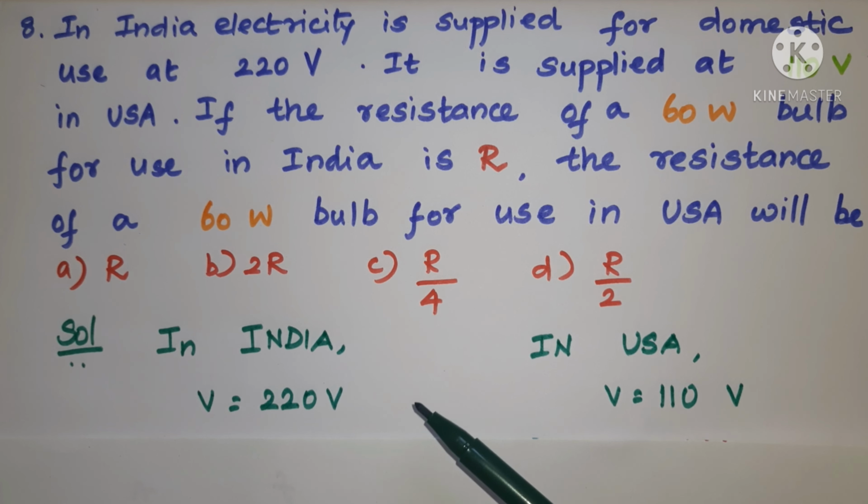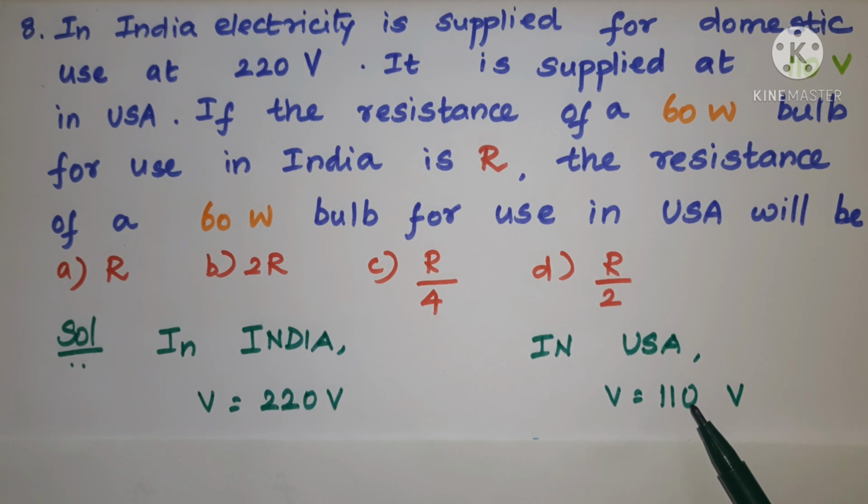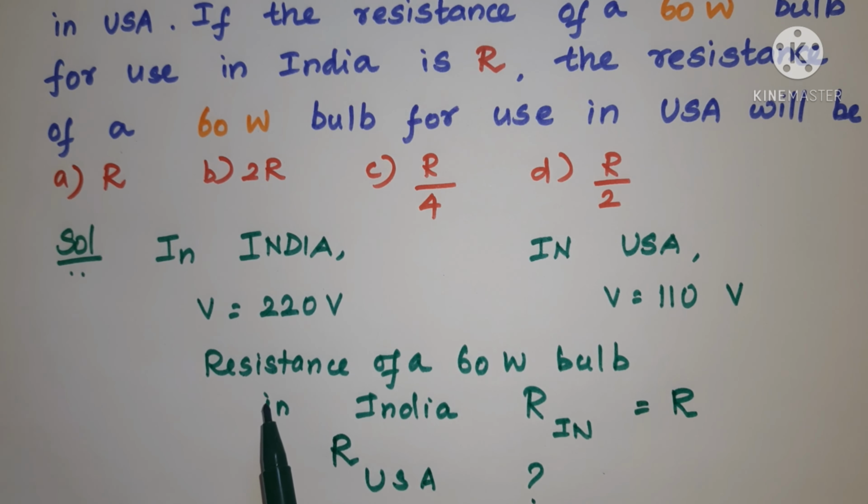In USA it is 110 volt. The resistance of a 60 watt bulb in India, we write here R India. That is resistance in India is equal to R we have. The same, the resistance of a 60 watt bulb for use in USA is to be found. So R USA is equal to question mark here.